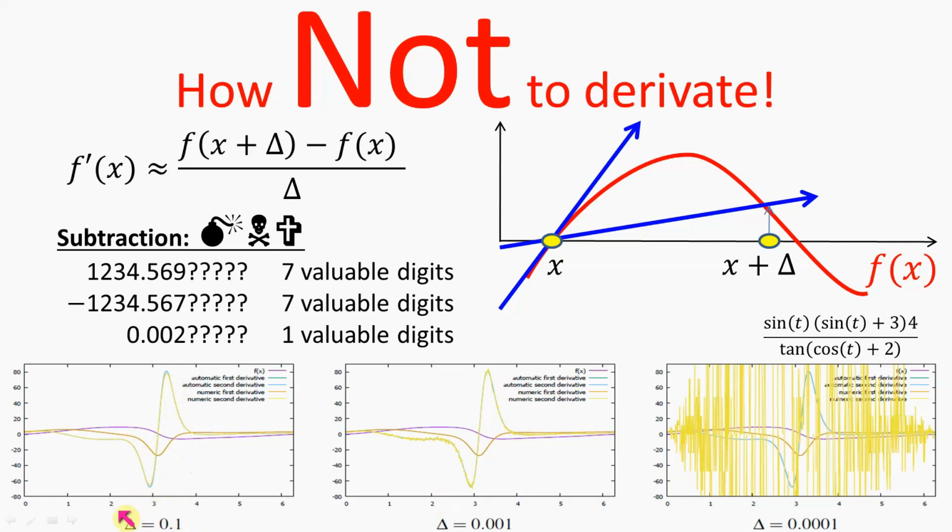So let us reduce this delta step. When the delta is 0.001, the problem at the high curvature region disappears, but the result becomes hairy, and it will be a complete mess when the delta is as small as 0.0001, because we have lost all the valuable digits in the derivative computation.